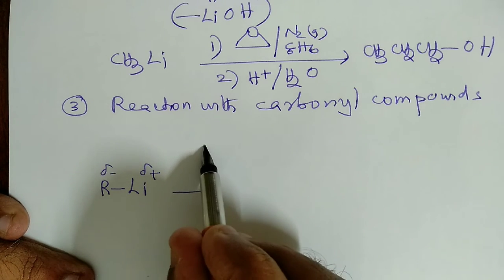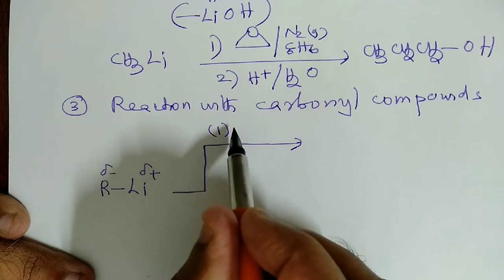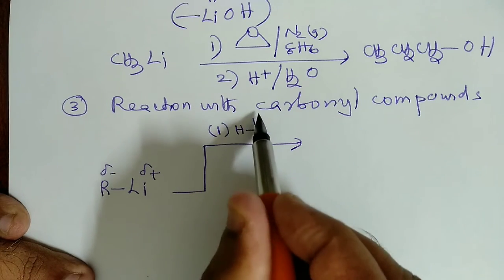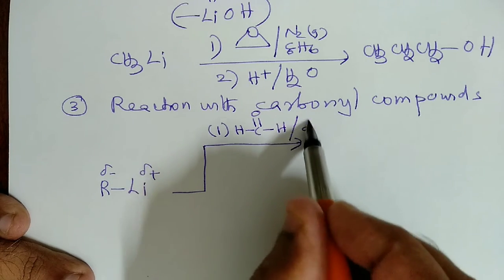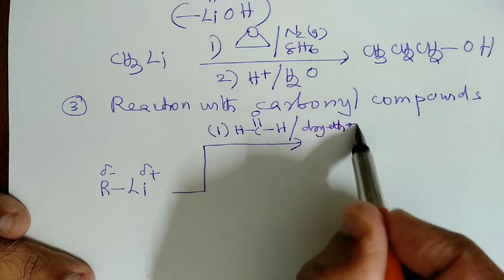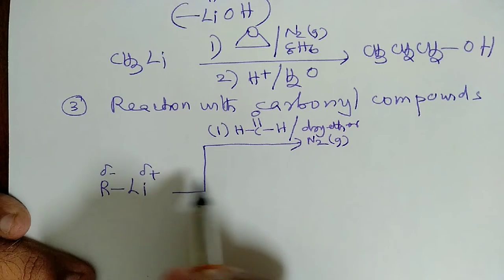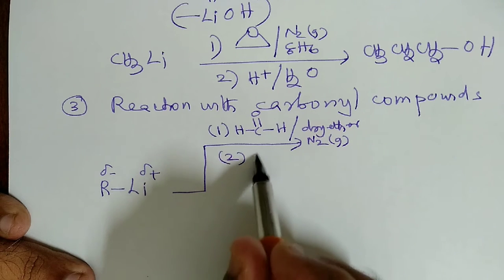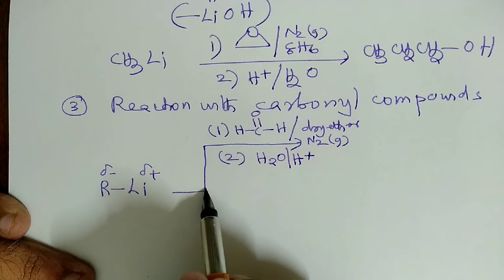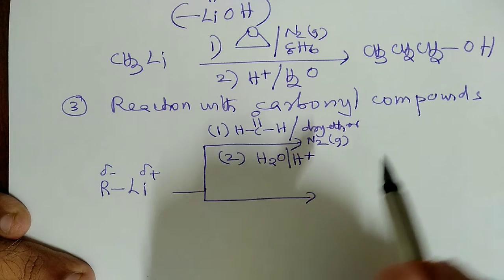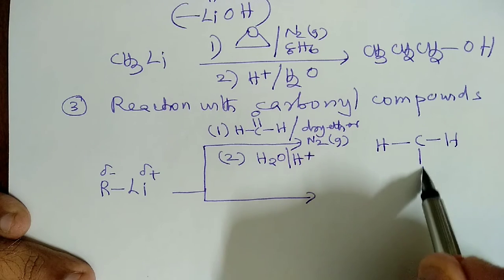In this reaction sequence, formaldehyde gives a primary alcohol. Aldehydes other than formaldehyde give a secondary alcohol. Ketones give a tertiary alcohol.